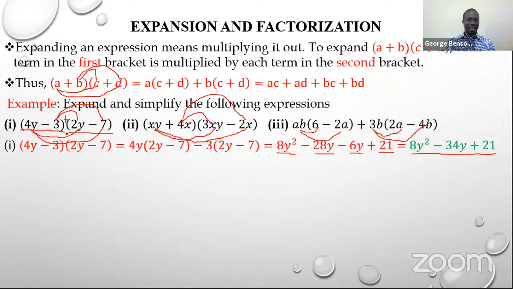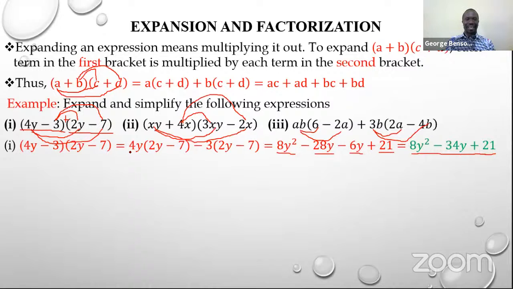So look at the first one again. It is 4y minus 3 multiplying 2y minus 7. When we are multiplying, we take the first term and multiply it to each term in the second bracket, and the second term in the first bracket multiplies each term in the second bracket.